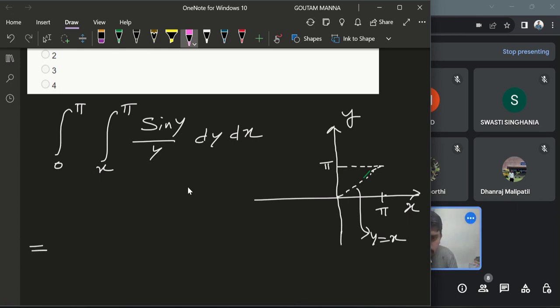That means they are going from the y equals to x line, from x to pi, and then they are doing the integration over x from 0 to pi to cover the whole region. If I move this small area element throughout the 0 to pi region along x, it will cover the entire area.